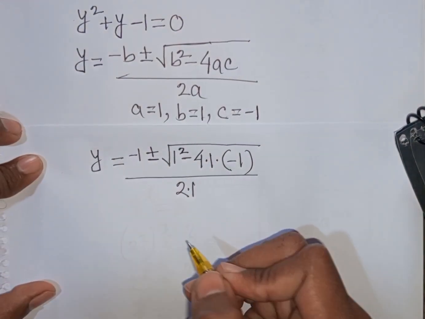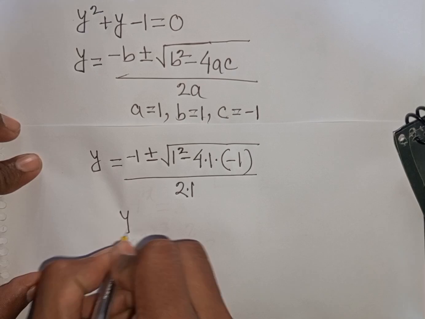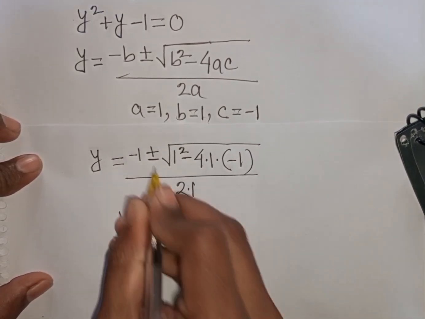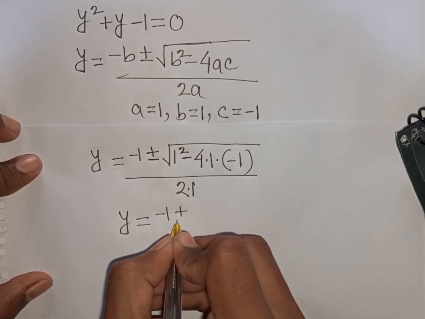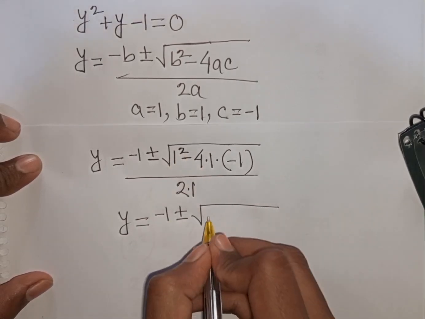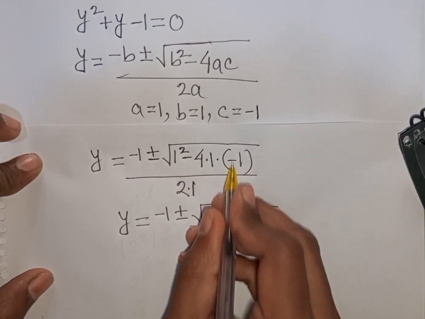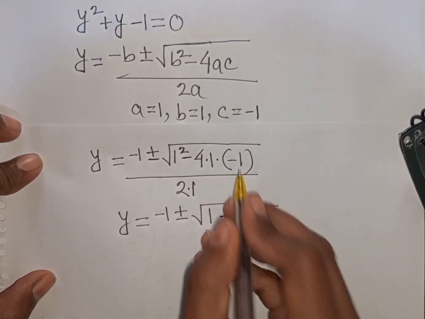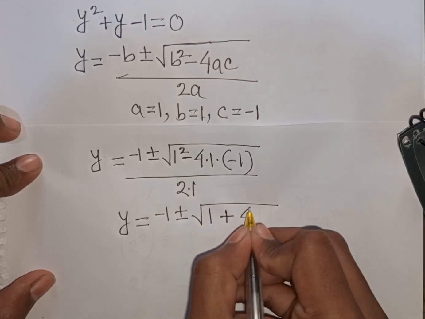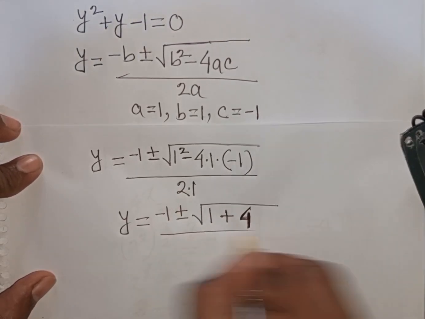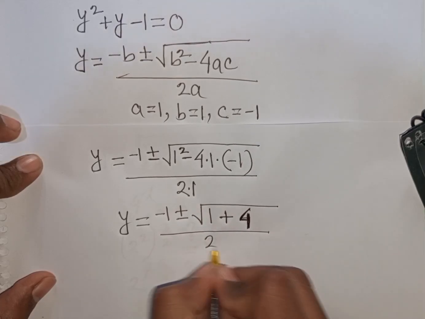Now I can write here y will be equal to minus 1 plus or minus a square root of 1 square is the same as 1, then minus times minus, that means it will be plus, then 4 times 1 times 1, that means it will be 4, then divided by 2 times 1, that means 2.